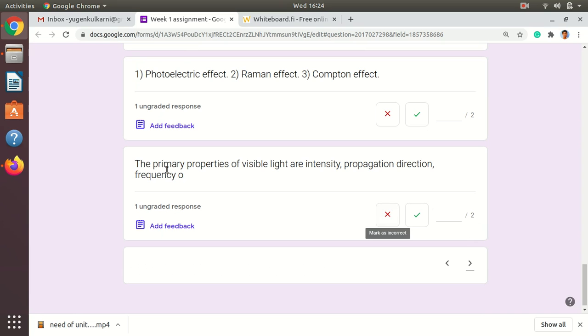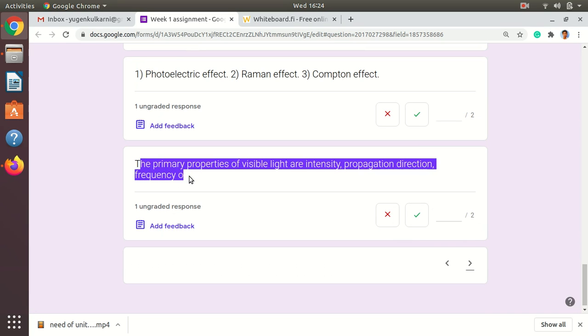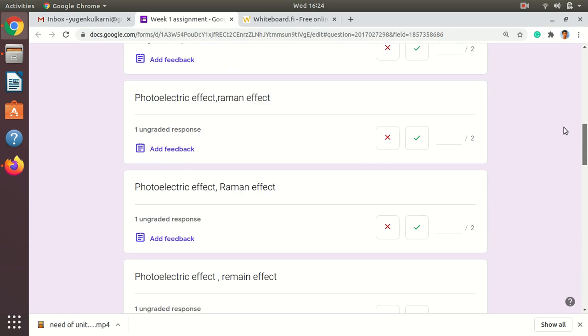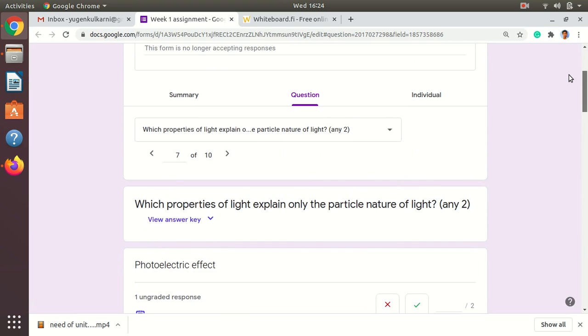These are general properties, so this is not what the question asks, so this person will get 0 marks. Basically we have to discuss some phenomena or properties of light which can be explained using the particle nature or particle aspect.